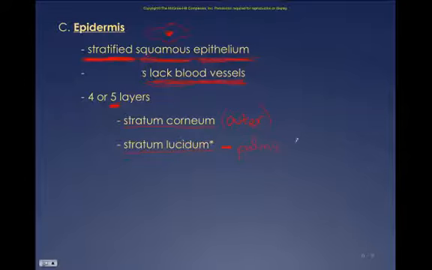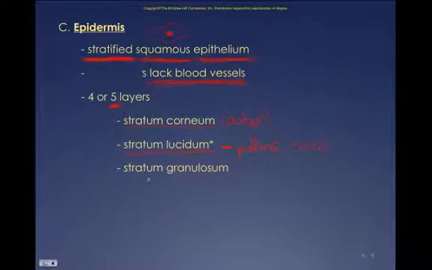And also on the soles of your feet, okay? So those would be the 2 places that you would typically find this layer, or this thick skin. Again, anywhere you can find really thick skin is where you're going to find that stratum lucidum. And that's primarily just in the palms of your hands and the soles of your feet. Otherwise, in other areas of the body, you're actually going to lack this layer, okay? And you'll only have 4 layers.